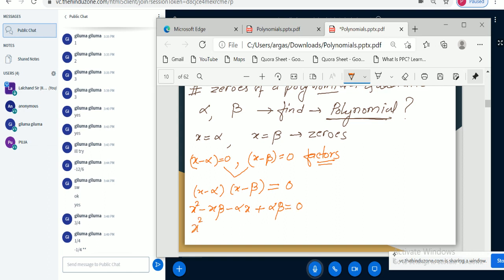So x square minus, taking minus and x common, alpha plus beta into x, plus alpha into beta equal to 0. Isn't it? Are you getting this concept? By multiplying the factors, we can form that polynomial.